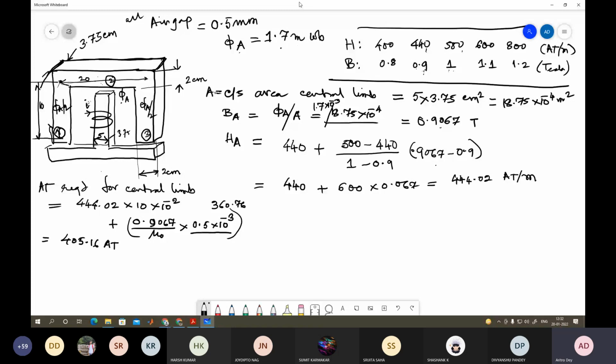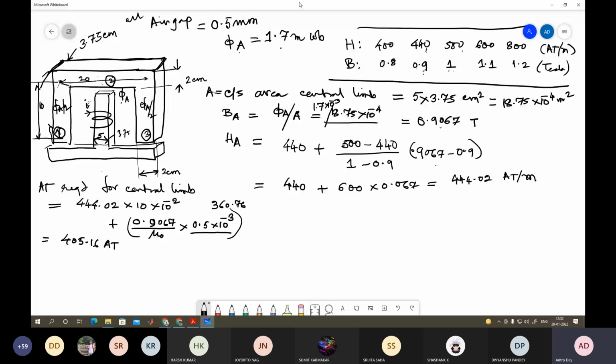Mind it, it is given as 2. Okay, so 2 into 3.75 is your cross section area. So A is equal to 2 into 3.75 for this other limb, centimeter square, which is 7.5 into 10 to the power minus 4 meter square.